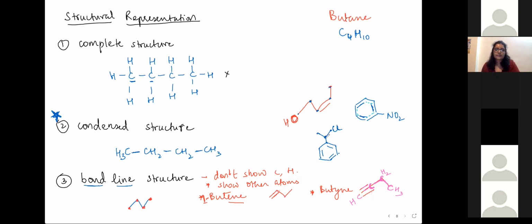Only 2 carbons are attached, and there is a chlorine atom over here. How many carbons are there? 2 carbons. So this point of intersection is 1 carbon, and this is 1 carbon, apart from the 6 carbons in benzene, of course. 2 carbons here, and chlorine is over here. Suppose I didn't put chlorine, if I just leave it like this, then it means that there is a carbon over here also.